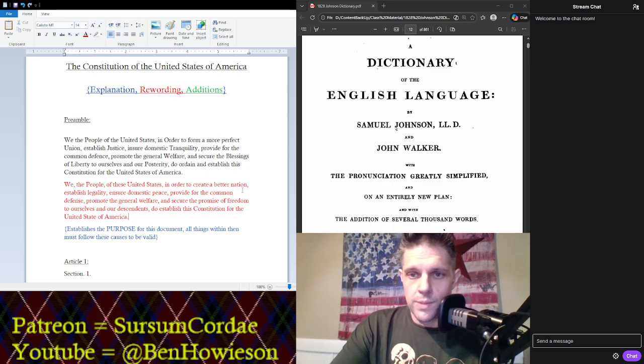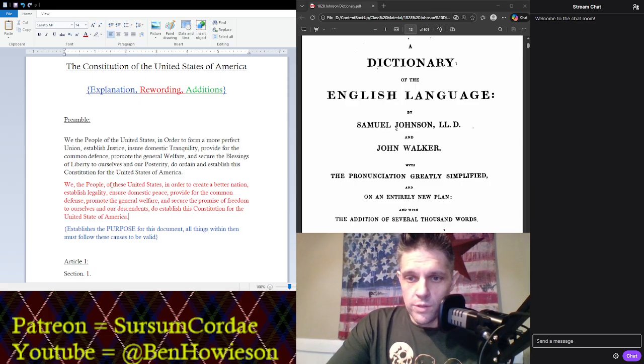Again, this being the preamble, this being the Constitution and the point of it, everything else, even within this document, has to fall under these sort of auspices for a reason that they've made these laws. And all these laws have to serve these stated goals.